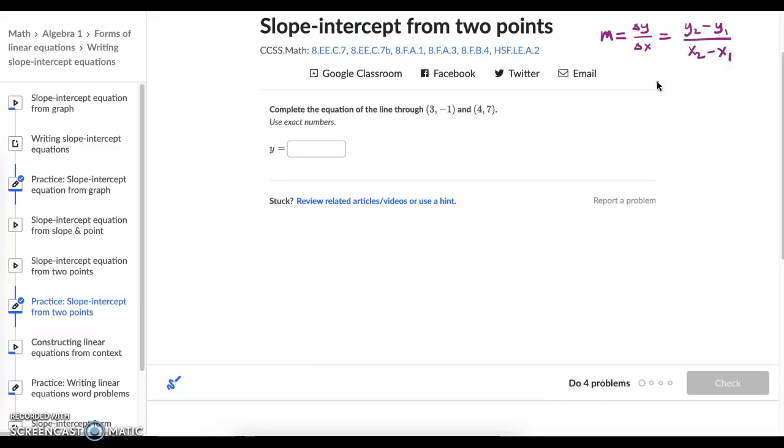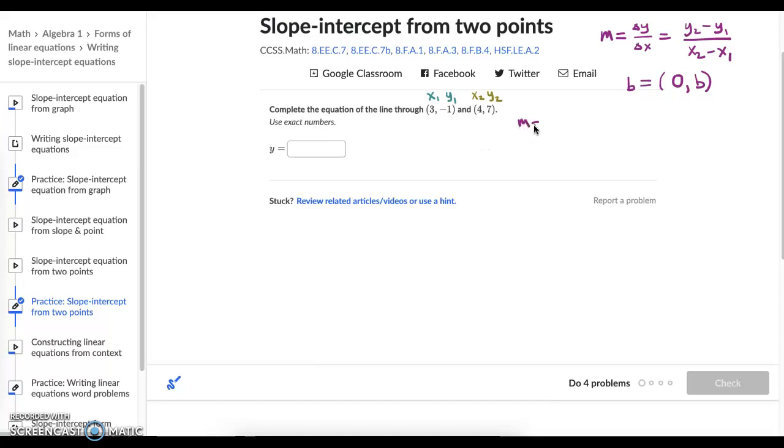And our y-intercept b is the value of y when x equals 0. Those are the 2 things we need. This one's pretty straightforward to start with. We can assign the first point to be x1, y1, and the second one to be x2, y2. And so we can solve our slope using those parameters.